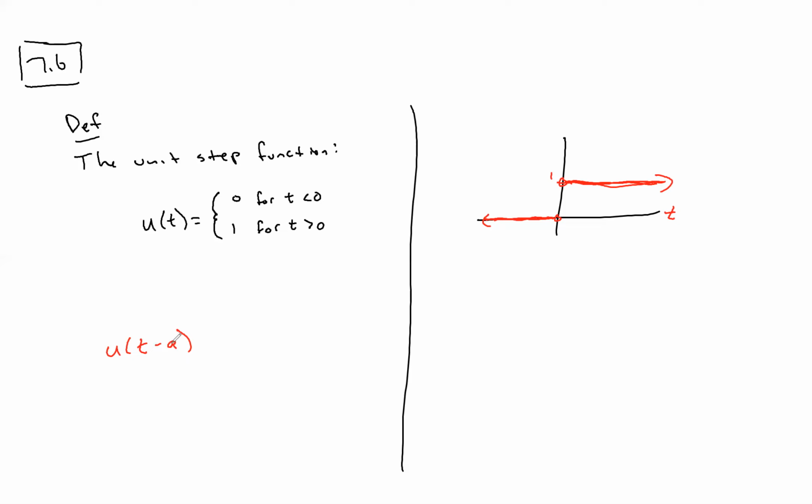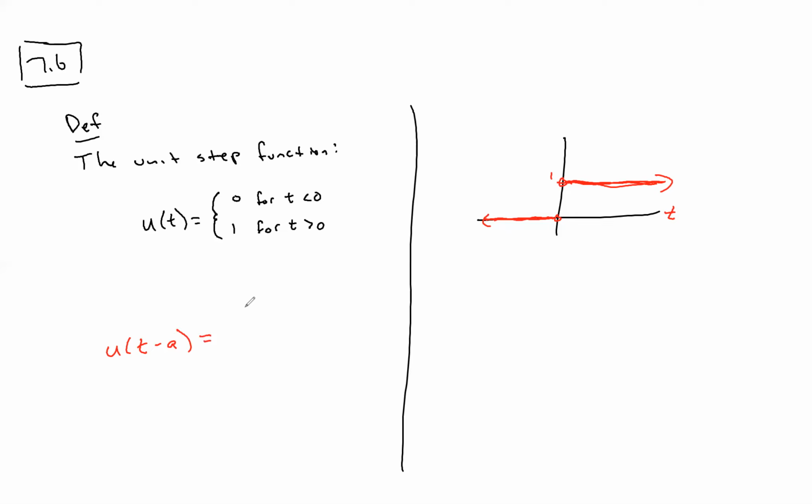If a is a positive number like 3, I'm doing t minus 3, then I'm shifting right 3 units. If it's a negative number, so I'm doing t minus, say, negative 3, that'd be t plus 3, then I'd be shifting left 3 units, all right? So this lets us shift our unit step function left or right.